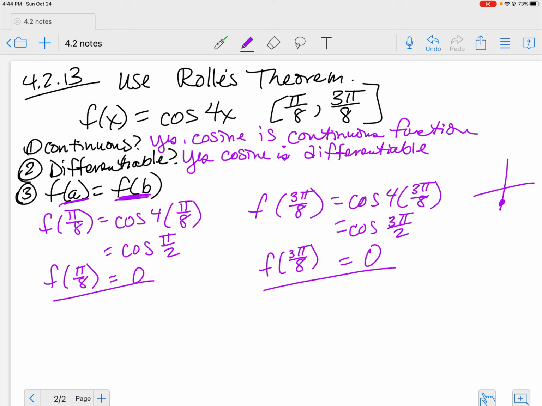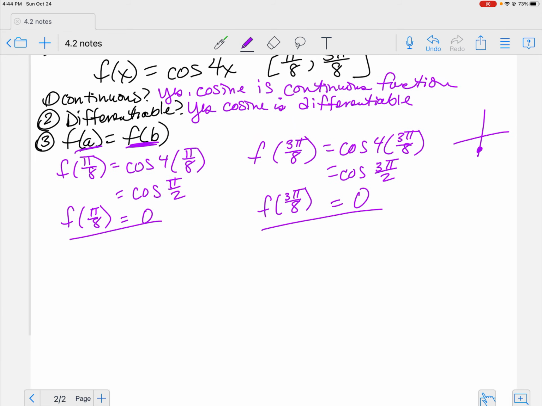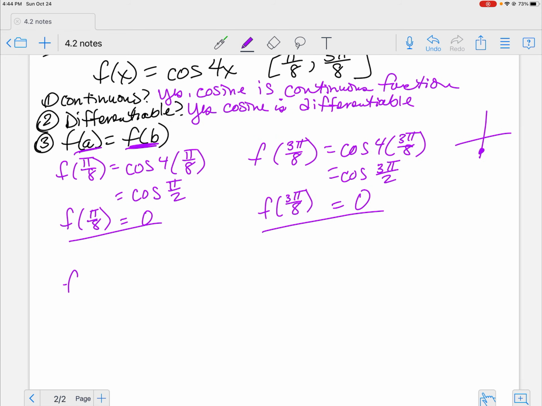Okay, so now I'm going to take my derivative and set that equal to 0. So f prime of x, this is going to be chain rule, right? So the derivative of the outside is going to be negative sine, keep the guts, then multiply by the derivative of the inside.